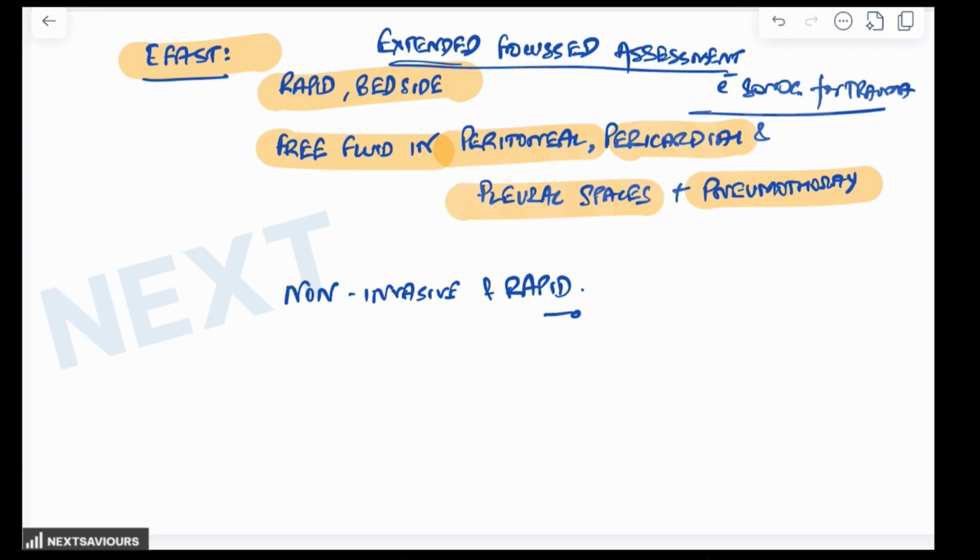It extends the traditional FAST scan by incorporating thoracic views for the assessment of pneumothorax and hemothorax, making it a crucial tool in the initial evaluation of trauma patients. EFAST is non-invasive, rapid, that means it is completed within 2 to 5 minutes, and is repeatable. So it provides immediate guidance for resuscitation and surgical decision making in critically injured patients.